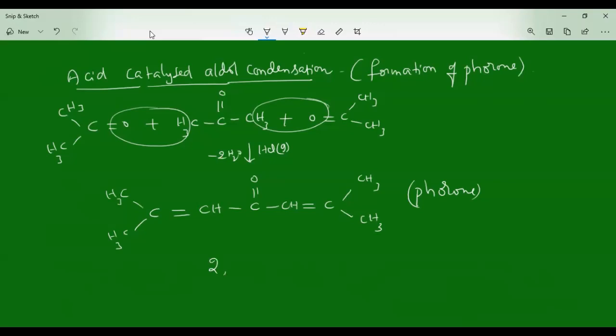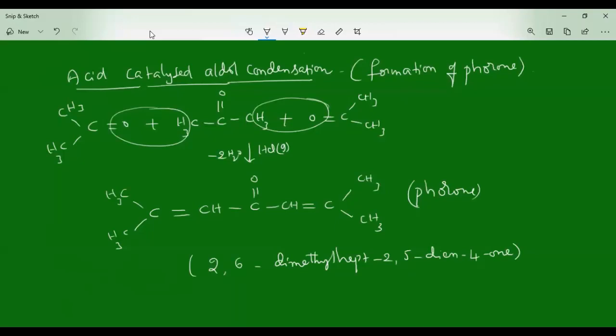Its IUPAC name, if you see, is 2,6-dimethylhepta-2,5-dien-4-one. We have 7 carbons in this, that's why we call it hept. This is the IUPAC name of phorone.